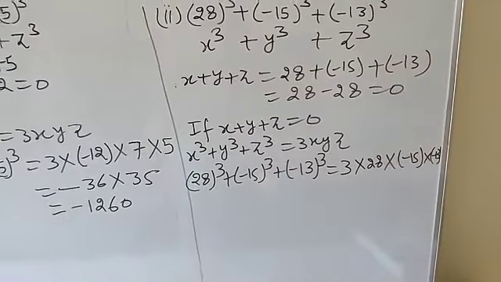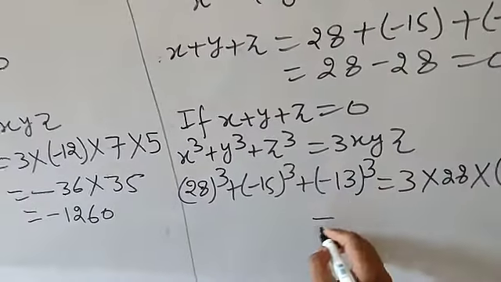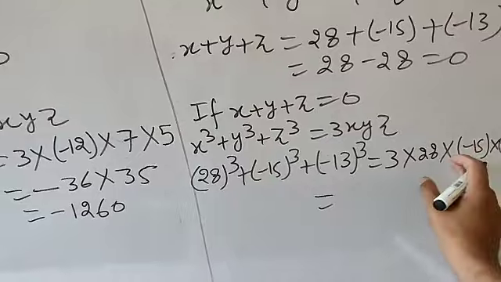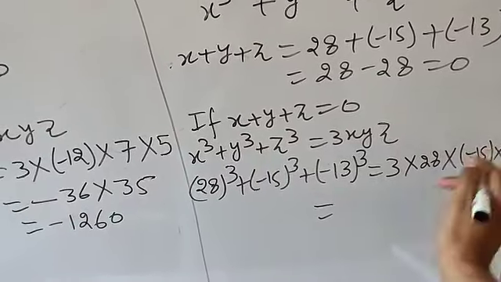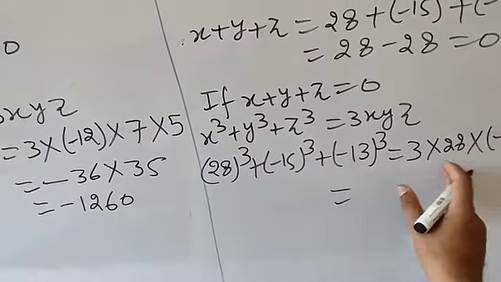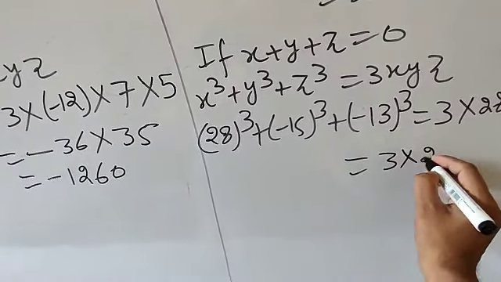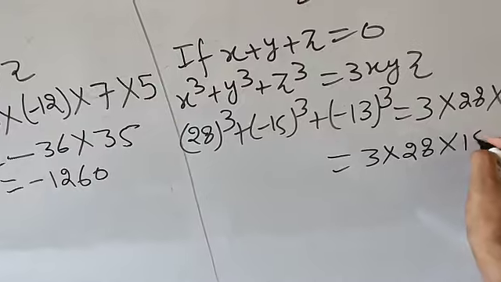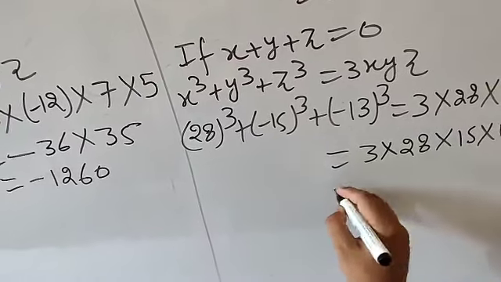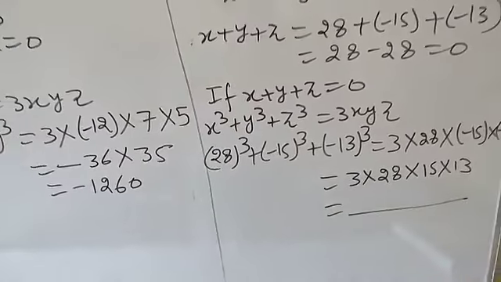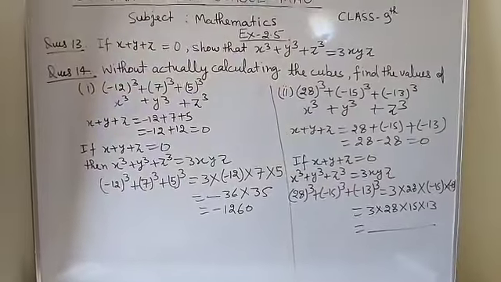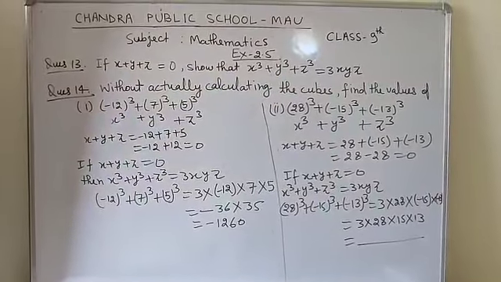You need to multiply all these. It will be negative and negative, and if two negative values are multiplied, that will be positive. So your answer will be positive, and you need to multiply 3 into 28 into 15 into 13. After multiplication you will get the answer. So that is question number 14.